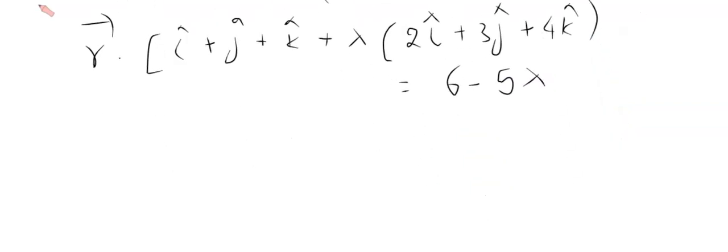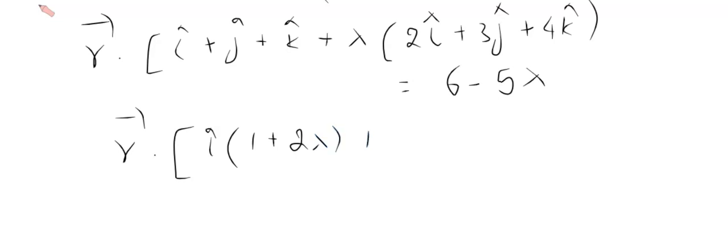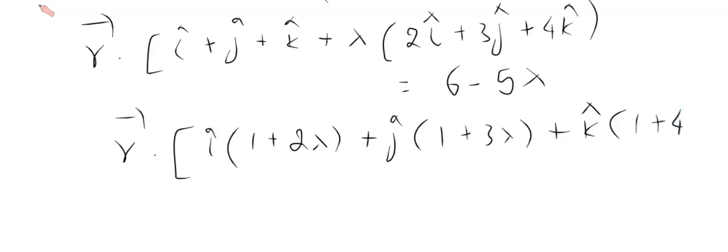On simplifying this, we get r vector dot, taking the i vector as a common factor, i vector times (1 plus 2 lambda) plus j vector times (1 plus 3 lambda) plus k vector times (1 plus 4 lambda), which is equal to 6 minus 5 lambda.